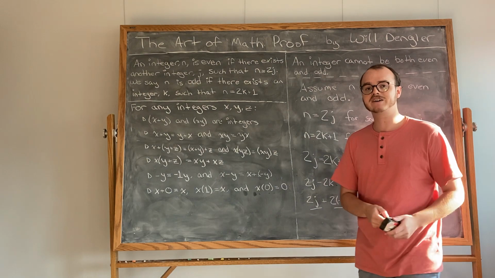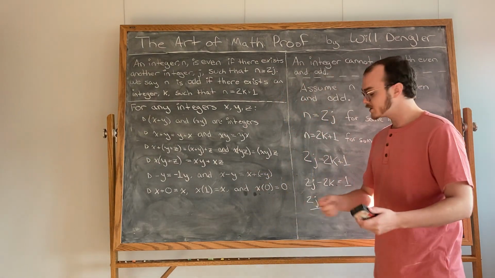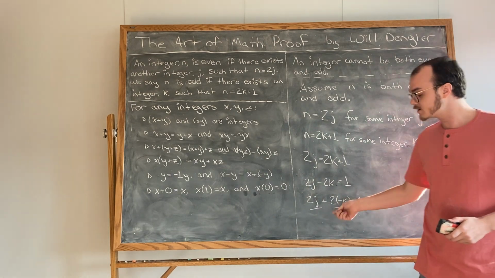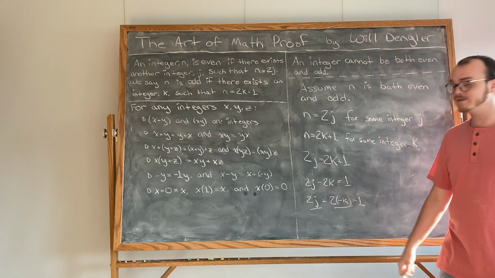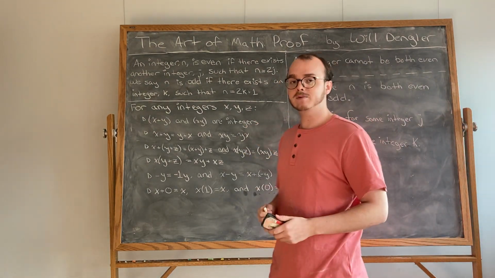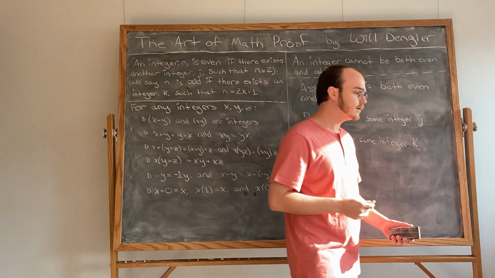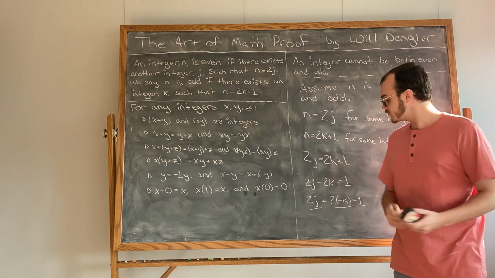After all, that was the very first thing we proved in this series. And as such, since we have 1 written as the sum of two even integers, it must be the case that 1 is even. But wait a minute, we said that 1 can't possibly be even. 1 has to be odd. So, we're done. We've reached our contradiction.